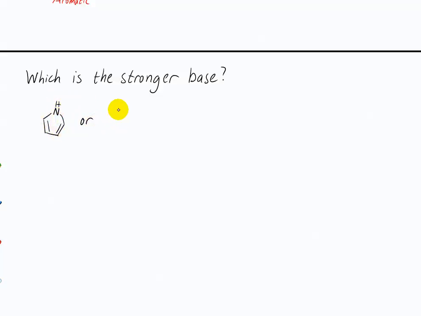That molecule is known as pyrrole. And this one's pyridine. Pyrrole or pyridine? And why? So think about that.